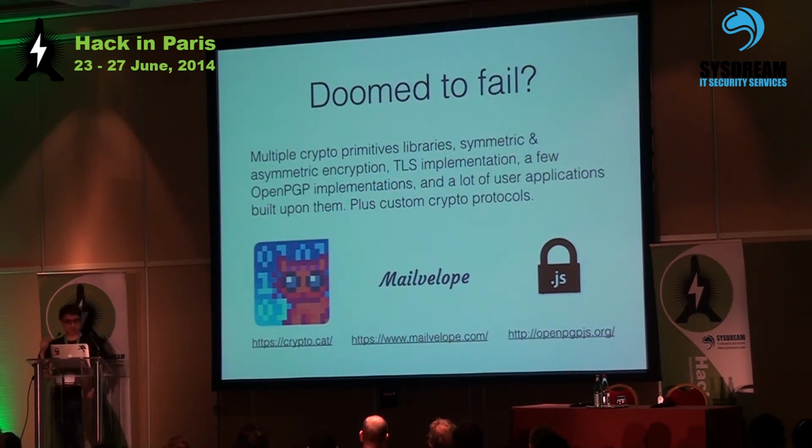There are asymmetric and symmetric encryption libraries. There's even a TLS implementation, a few OpenPGP implementations in JavaScript, and a lot of user applications built upon those libraries. And also, as is usual in the crypto world, there are a lot of custom crypto protocols delivered by some people who think that doing crypto protocols is a fun thing to do.